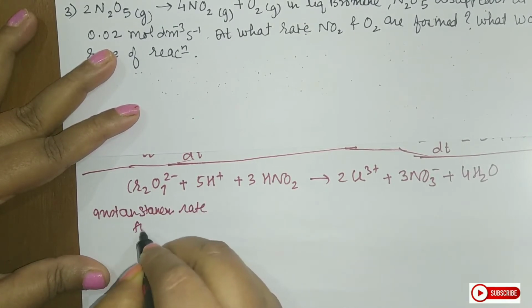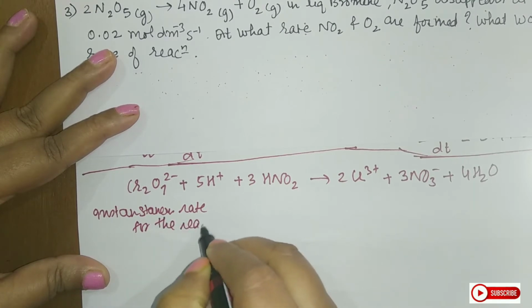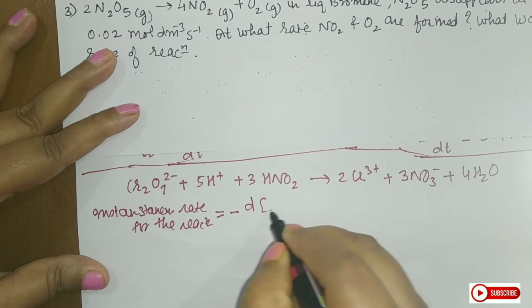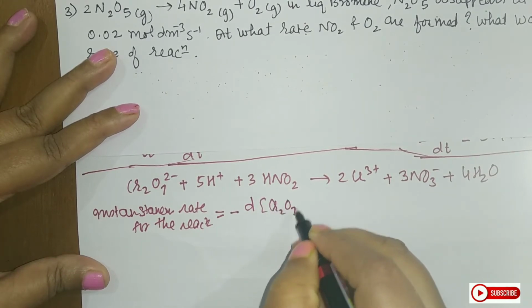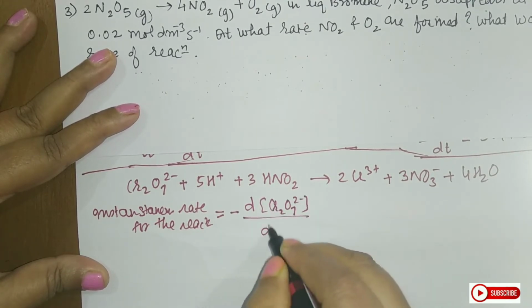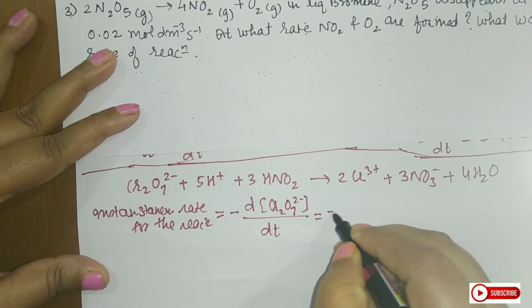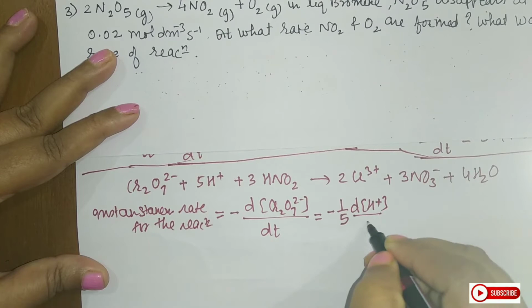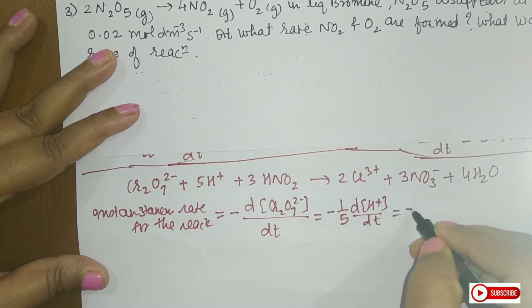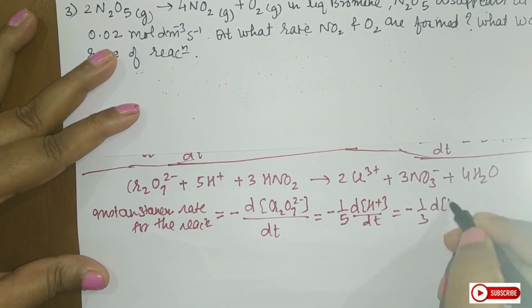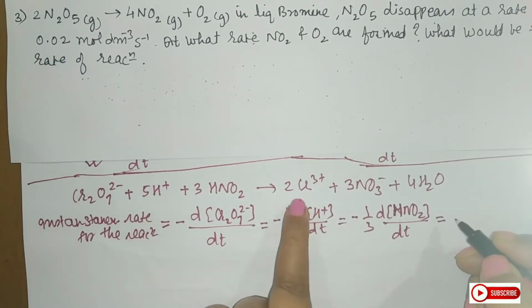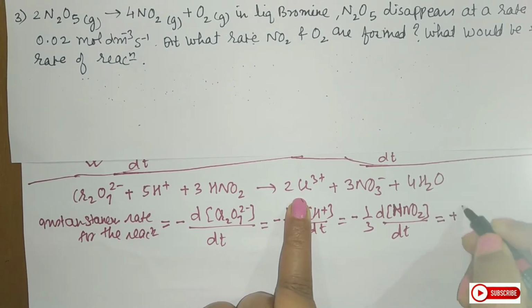Instantaneous rate for the reaction, it will be equal to minus d concentration of Cr2O7 2 minus upon dt is equal to minus 1 upon 5 d H plus by dt is equal to minus 1 upon 3 d HNO2 by dt is equal to, this will be plus because now this is product.